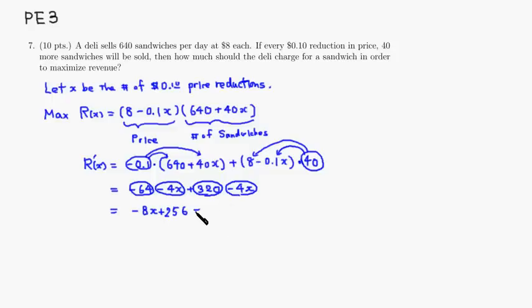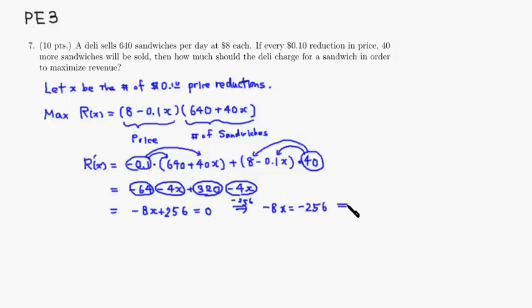Set that equal to 0. Then we can solve it by subtracting 256 from both sides. We have negative 8x is equal to negative 256.